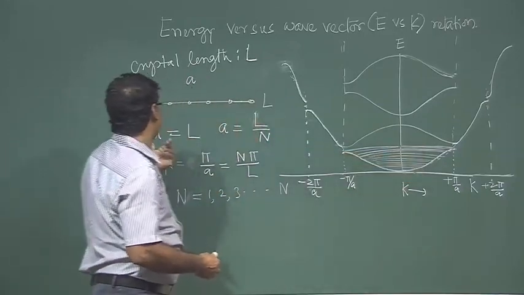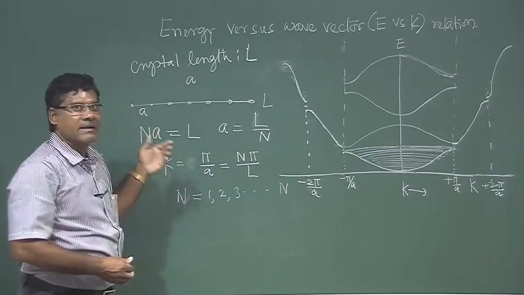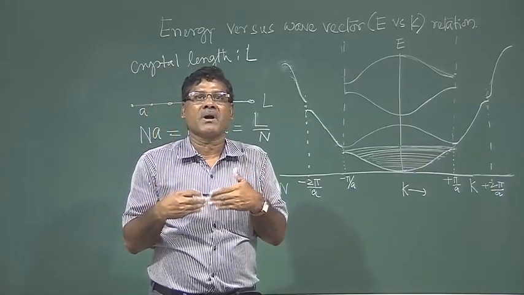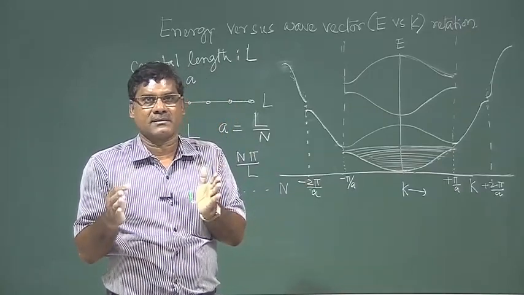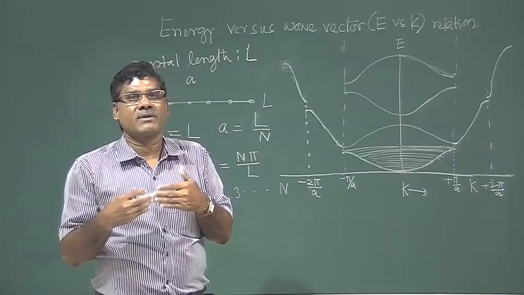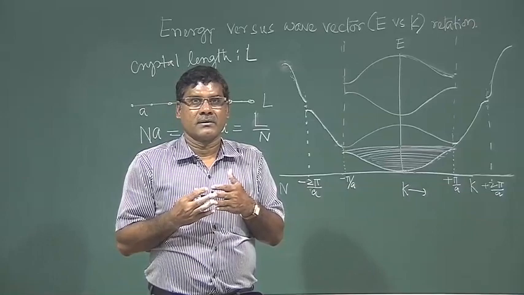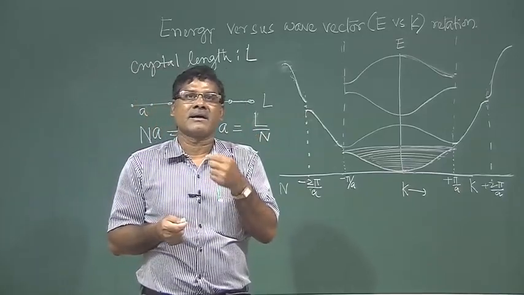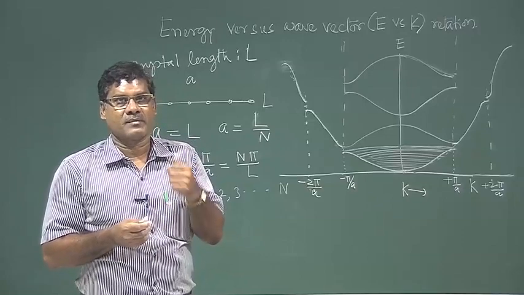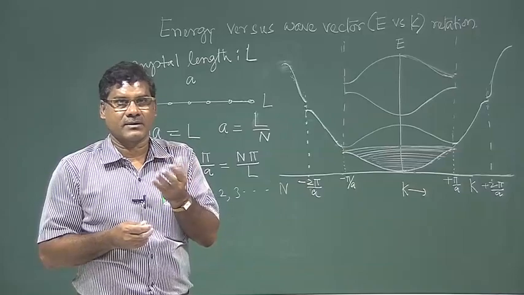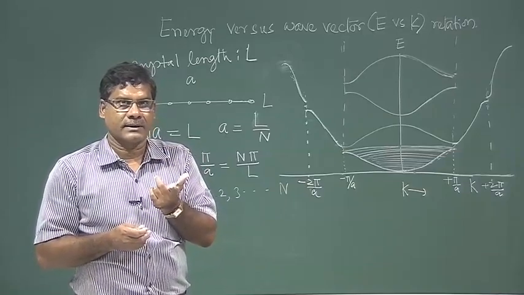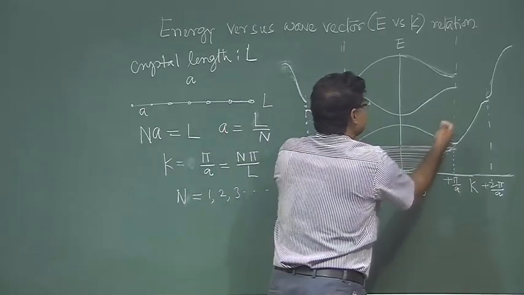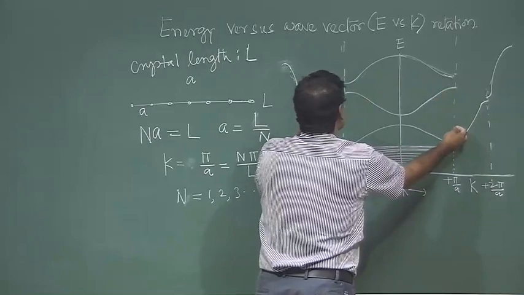That is equal to the number of unit cells in our crystal, that will be equal to the number of lattice points in our crystal, right, and that will be equal to the number of electrons in our crystal if in each lattice point one atom is there, and that will provide one electron, one conduction electron or valence electron, whatever. So, it will contribute one electron to the system. Okay. And this is valid for the second band, third band, or for the second Brillouin zone, third Brillouin zone.